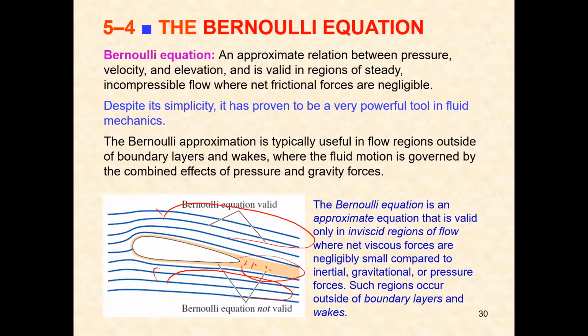This Bernoulli equation is very useful in showing the relationship between those variables mentioned, between the pressure, velocity, and elevations, and how they correlate with each other. What is the effect? For example, in the same streamline, what happens if the pressure decreases? What will happen to the velocity? And what will happen if the elevation is different?